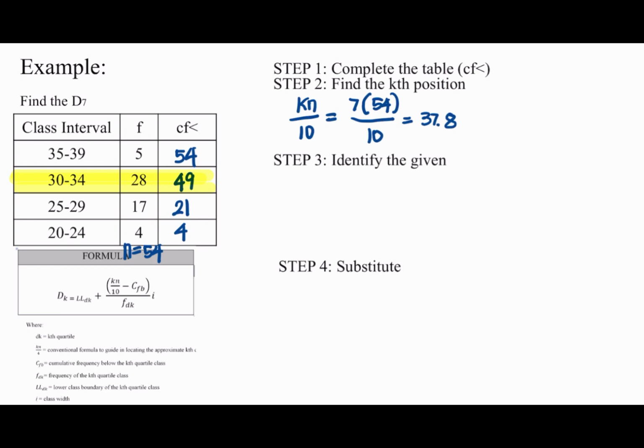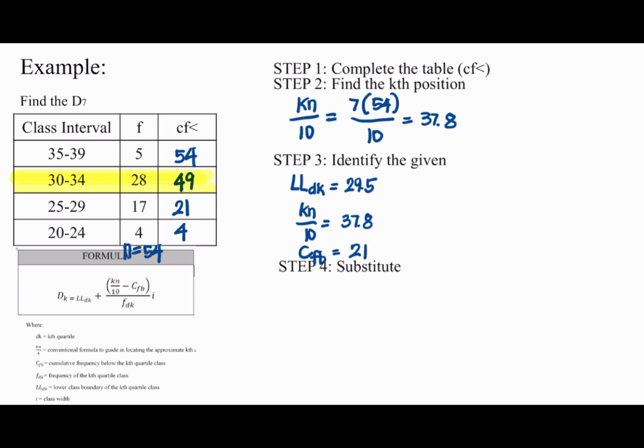Now, let's proceed to identifying the given. LL of D sub k is equal to 29.5 because it's 30 minus 0.5, which is 29.5. Next, Kn over 10 is equal to 37.8. Next, C sub FB is equal to 21.